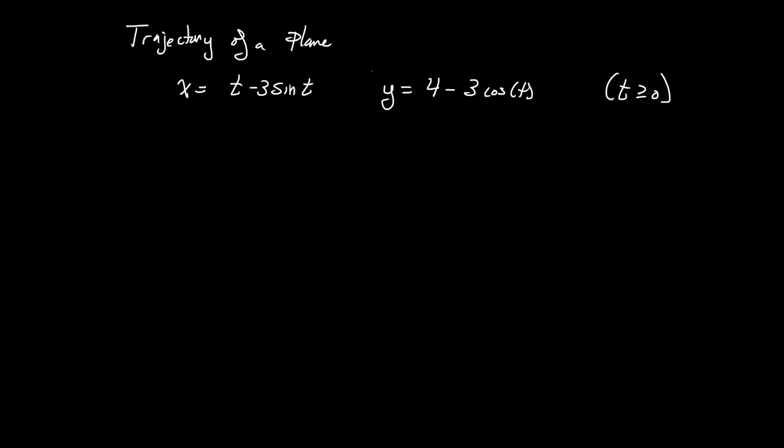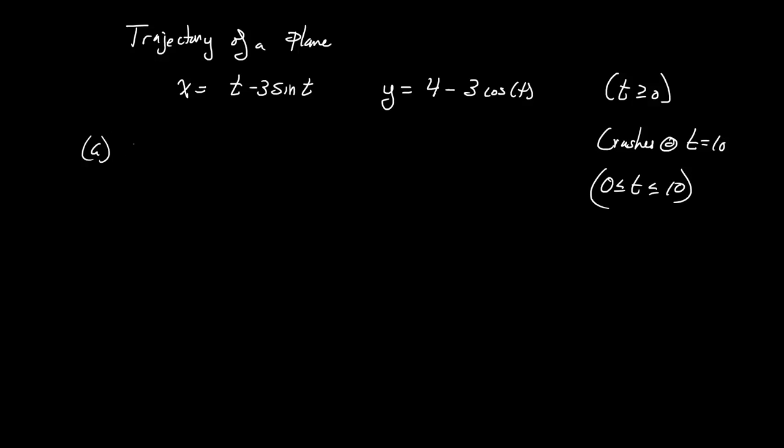It crashes at t equals 10. It's just a way for us to put this restriction into our problem. It starts taking off at time equals 0, it can't be negative, and then it crashes at t equals 10 seconds.